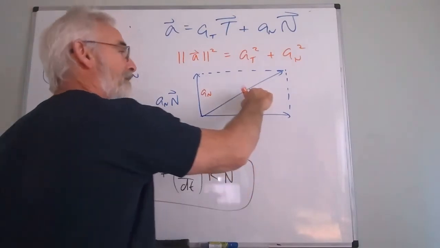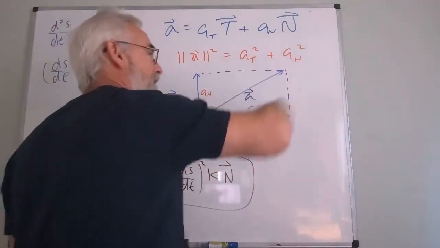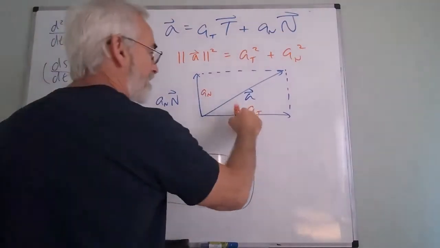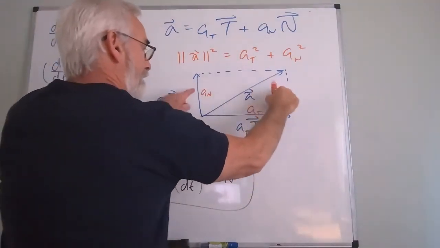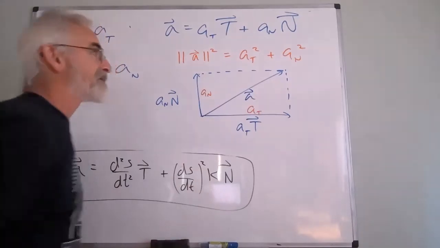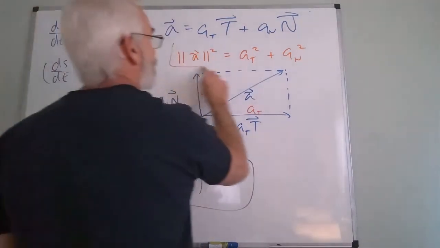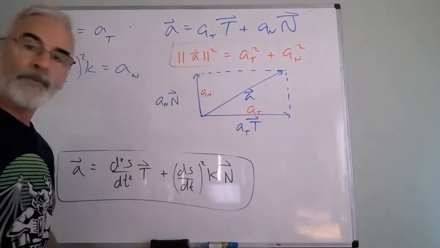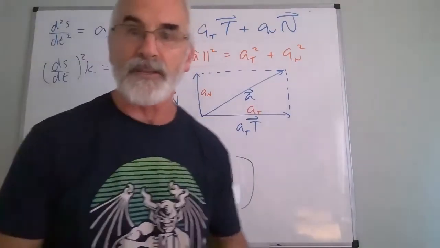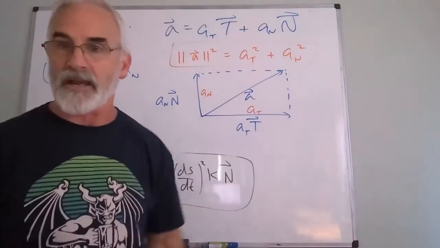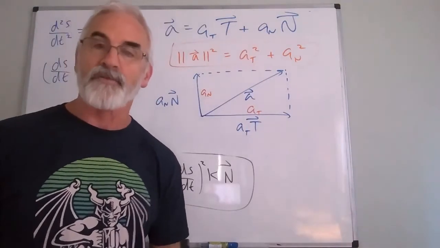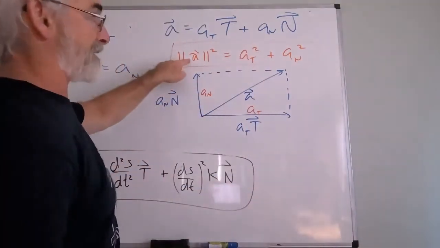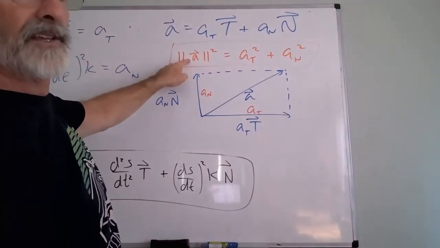So this squared plus this squared equals the length of this squared. Now, the reason this is so handy is that this is usually going to be trivial. If I give you the r of t, you take two derivatives and now you've got your a. There's nothing clever. So finding the magnitude of a is actually one of the simplest parts of the entire process.